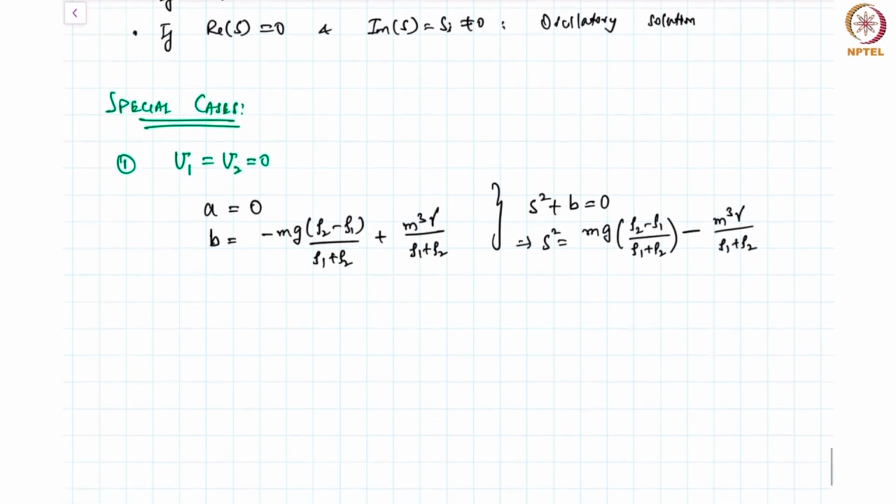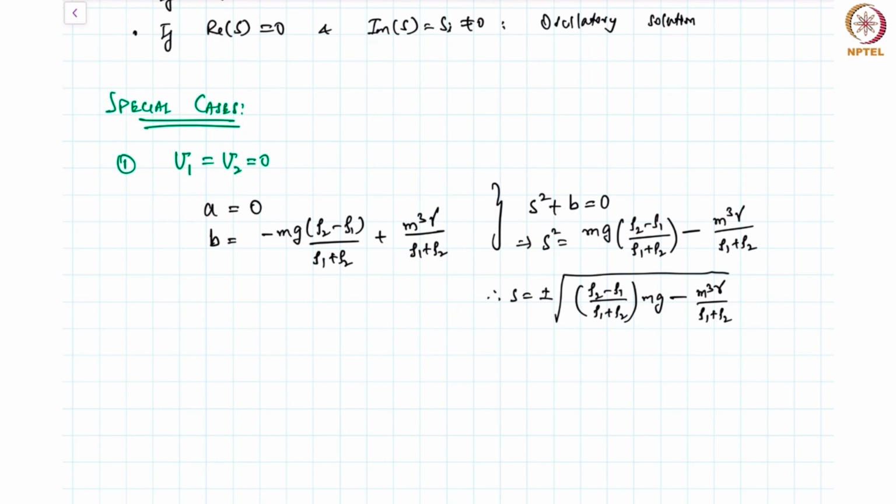This is my expression for S, and therefore S itself becomes plus or minus square root of this quantity, rho 2 mg minus m cube gamma by rho 1 plus rho 2. That's the expression for S, right?